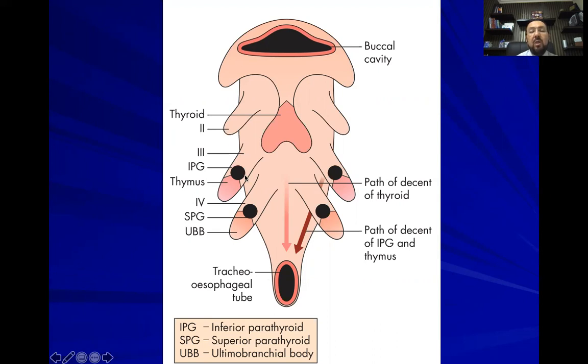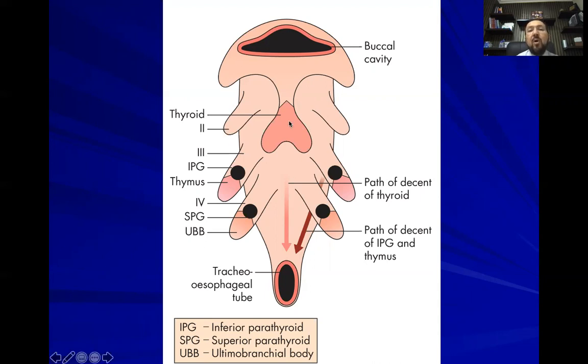When embryology goes wrong, the thyroid gland might not develop from the start. And in this case, there is agenesis and the patient is born cretin without thyroid gland. Another anomaly is that it does not migrate. So the patient presents to us with lingual thyroid.